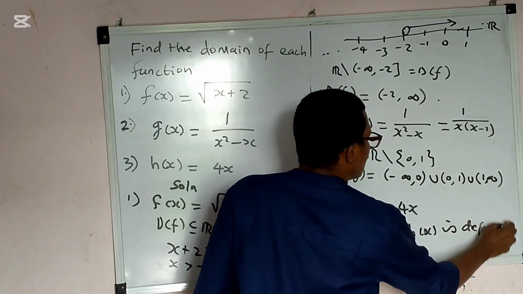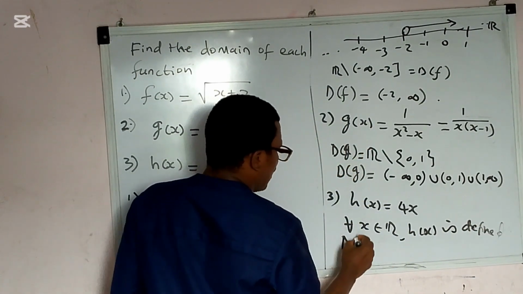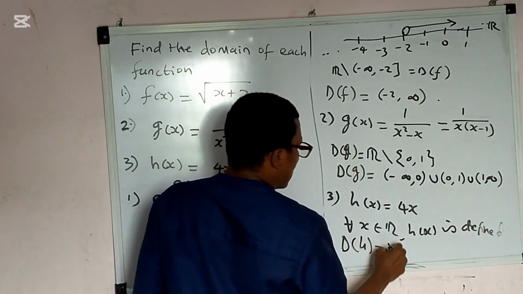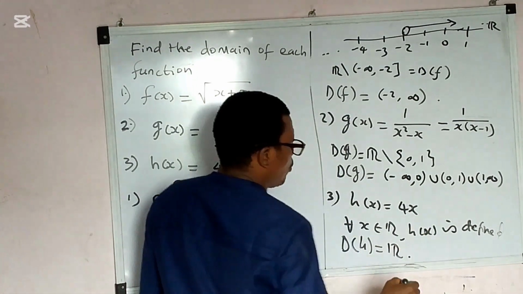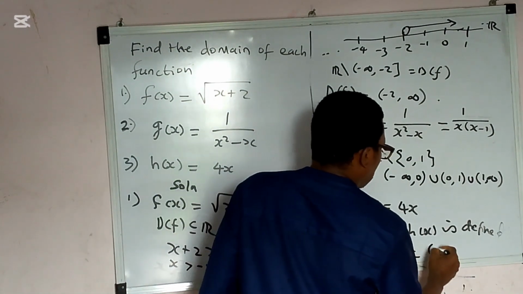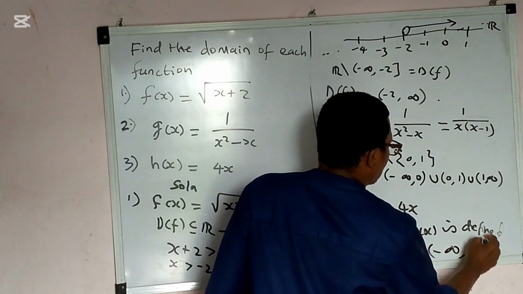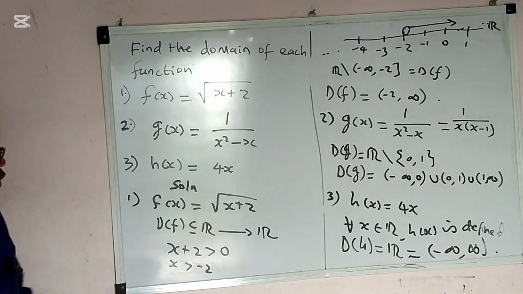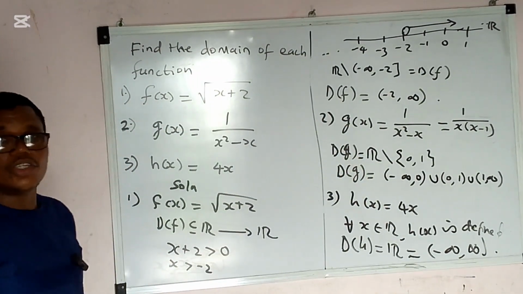So you now discover that the domain of h is the entire real number system, which is equal to minus infinity, comma infinity. So that's the domain of h.